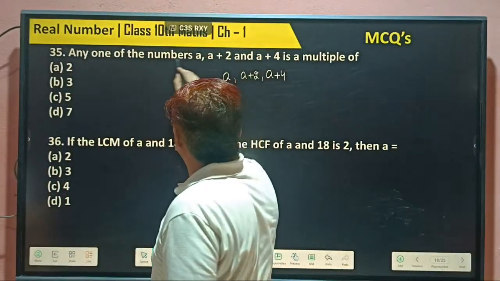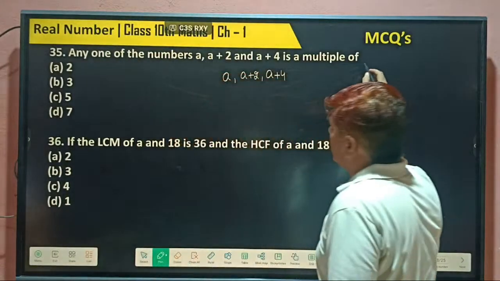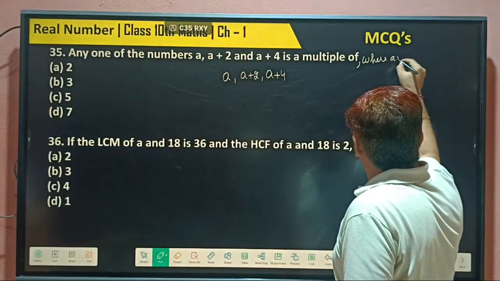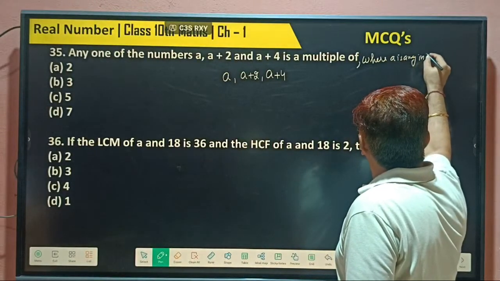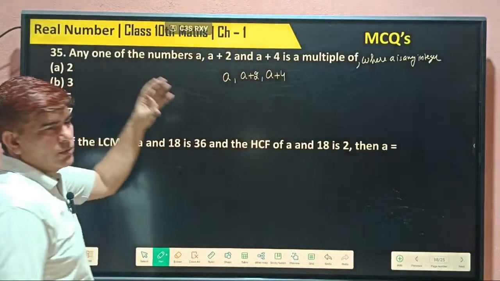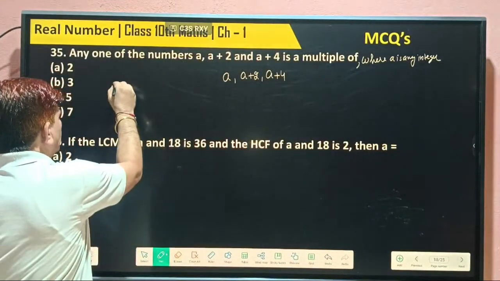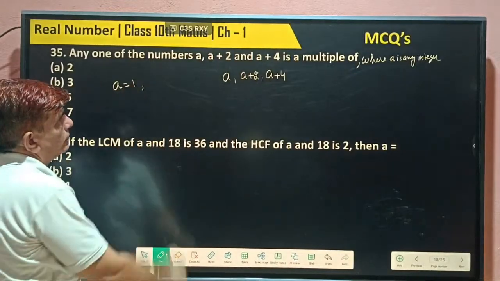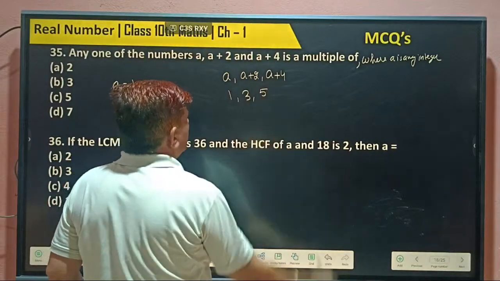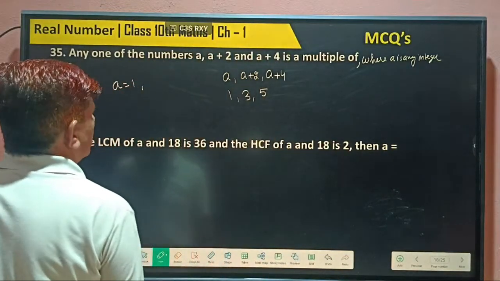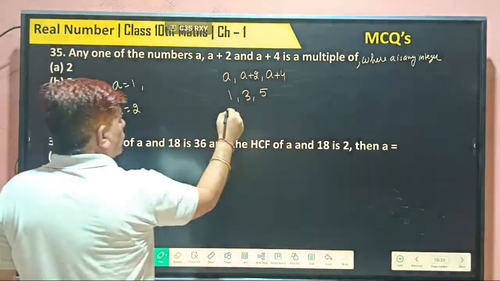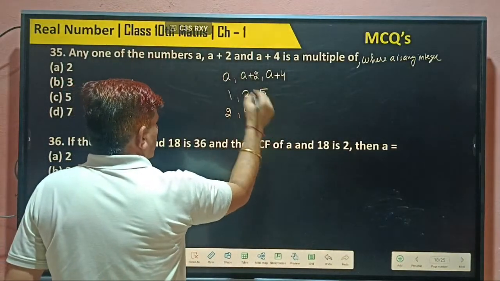It's given any one of the numbers is a multiple of something, and here a is any integer. A is not defined here, that's why I have told this. I am taking it like this. If a equals 1, what is this? 1, 3, 5. Understood? If a equals 2, taking 2, 4, 6.